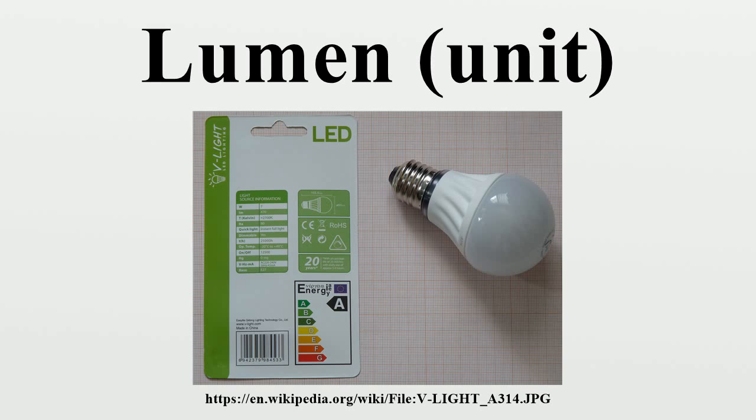Projector output. ANSI lumens. The light output of projectors is typically measured in lumens. A standardized procedure for testing projectors has been established by the American National Standards Institute, which involves averaging together several measurements taken at different positions.